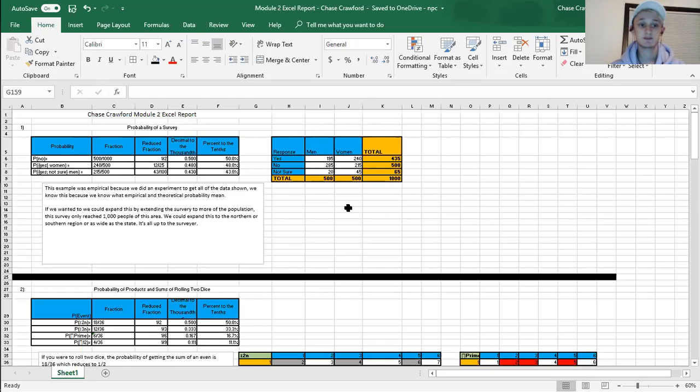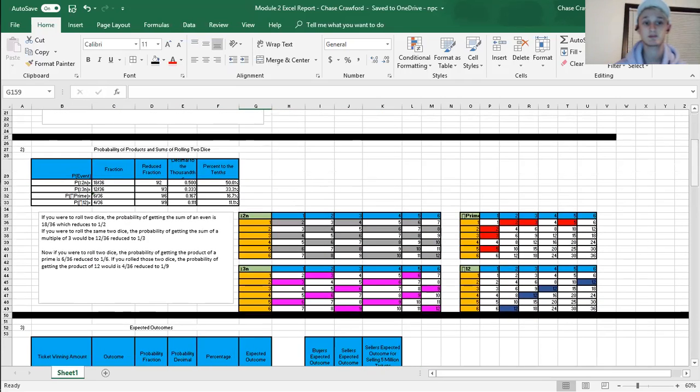If we were to expand this by extending the survey to more of the population, because this survey in the example said it was 500 women and 500 men, which put together would be 1,000 in the area that was chosen, you could expand that to the northern or southern region, or as wide as the whole state in general, and it's all up to whoever is doing the survey, the surveyor.